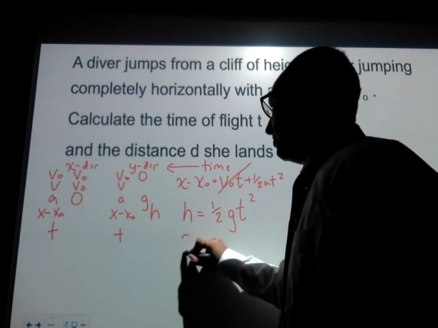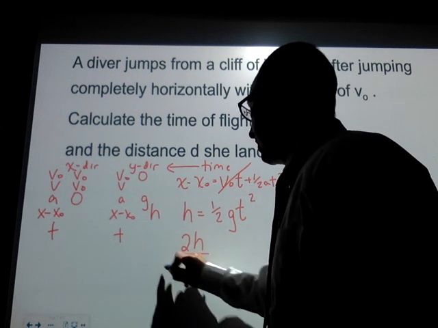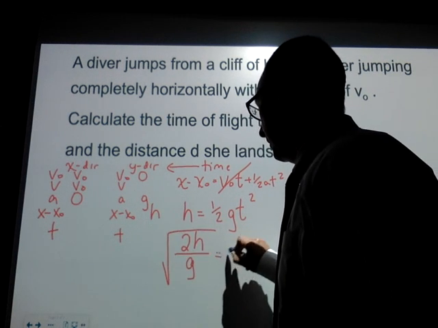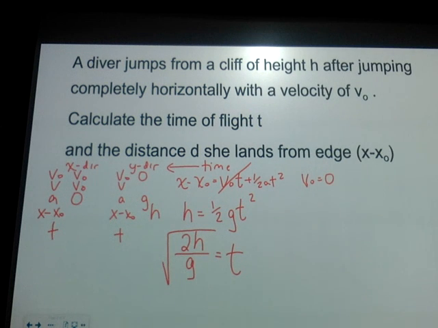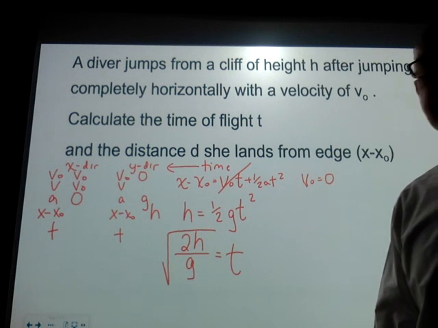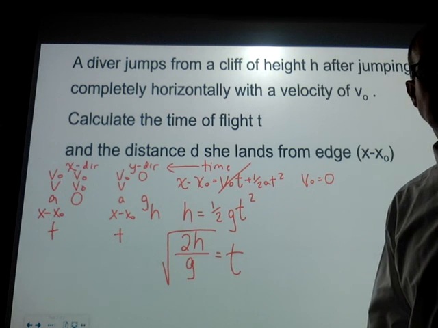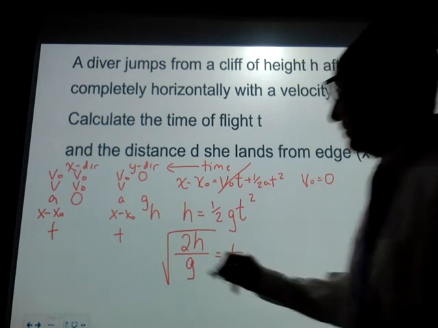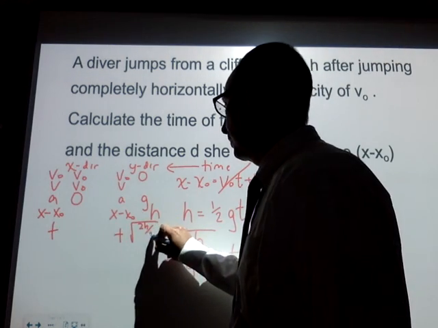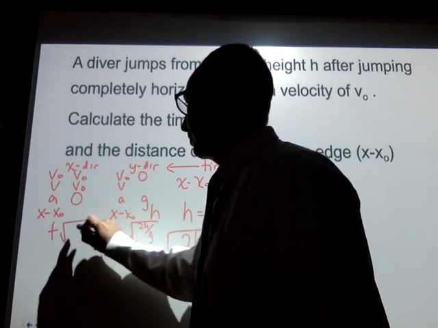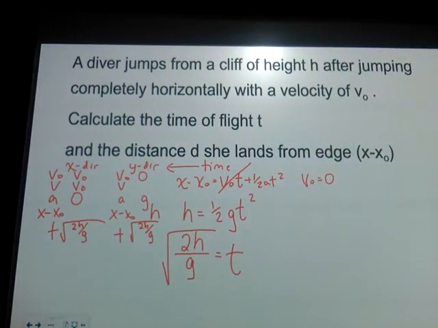And so I'm going to multiply by 2, divide by g, and square root. So this is going to be my time of flight: radical 2h over g. So that's going to go into my chart here, and there.